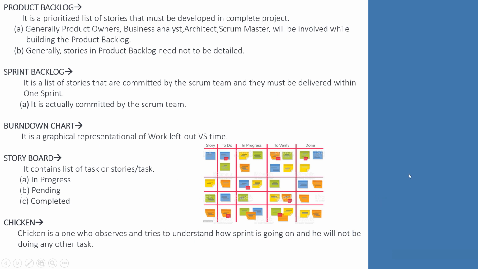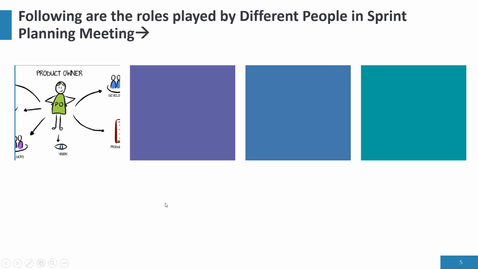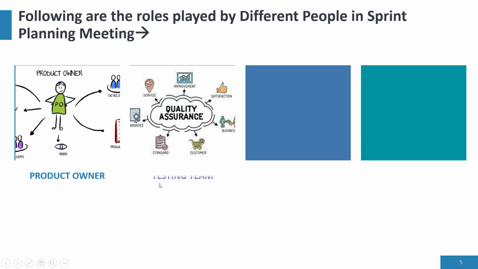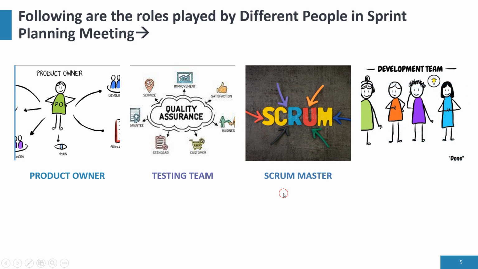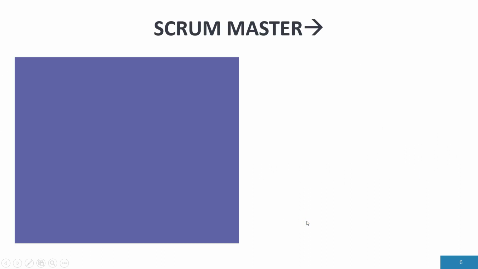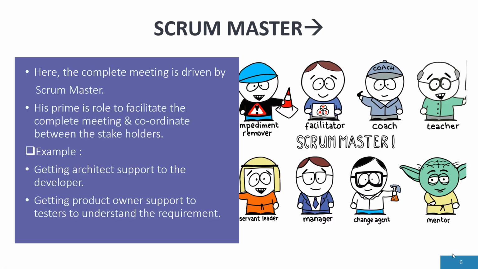Next we will discuss what is product owner, who is quality assurance, that is the testing team, scrum master, and your development team. We will go into details. First, who is scrum master?